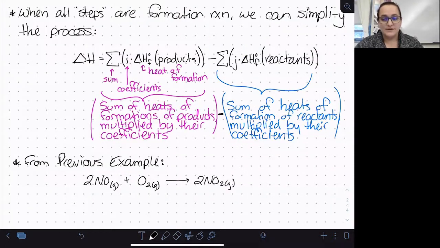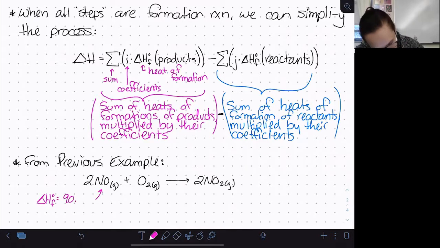So from the previous example that we did the long way with Hess's law, we were given the formation reaction for NO with a heat of formation of 90.25 kilojoules per mole.